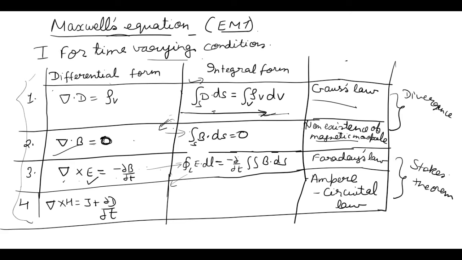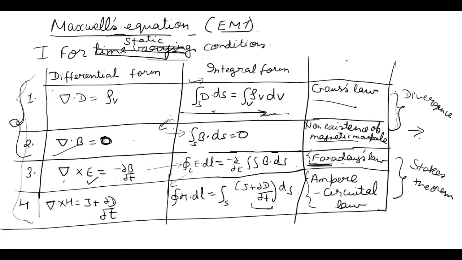And similarly in this case, H dot dl, magnetic field, is equal to surface integral of J plus del D upon del t into dS. This is for the displacement current, and this law is known as Ampere circuital law, and this law is known as Faraday's law. So now let us consider for the static condition.